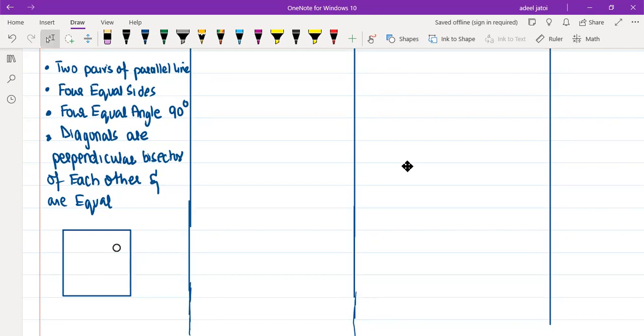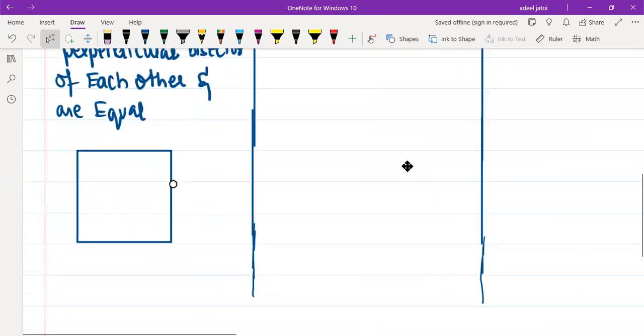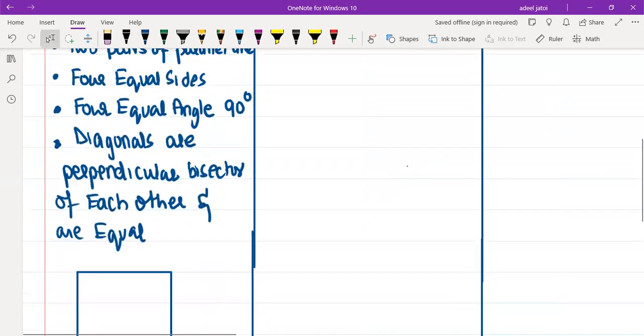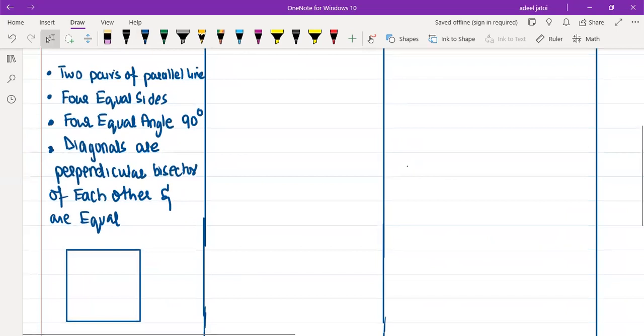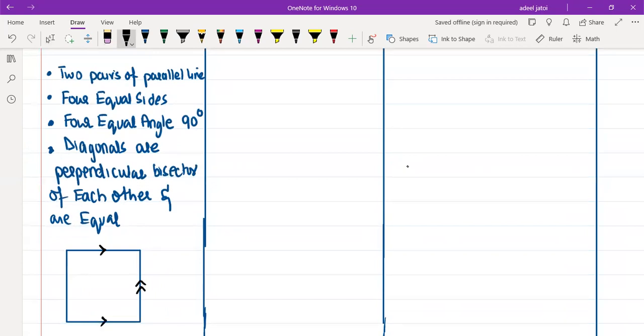Let's say that we have a square. What does that mean? The first thing is two parallel line pairs. So this line is parallel to this line, whereas these two lines are parallel. So you have two parallel pairs. Then the second says four equal sides.